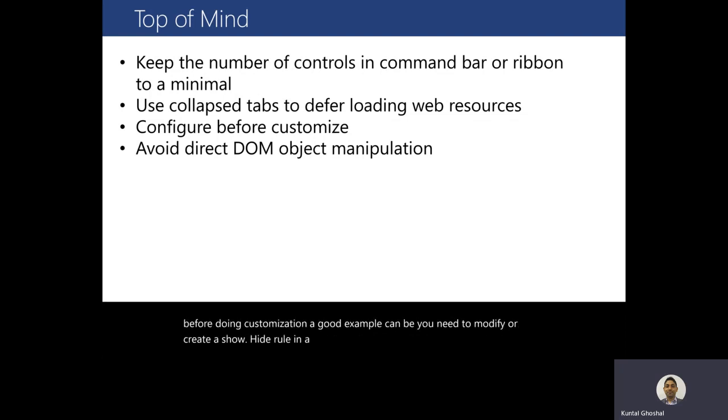That can be done through configuration using a business rule, or you can even do customization by writing additional JavaScript on the form load to do that job. So always look for a way to configure, to be compliant with the platform releases as well as upcoming roadmap items.